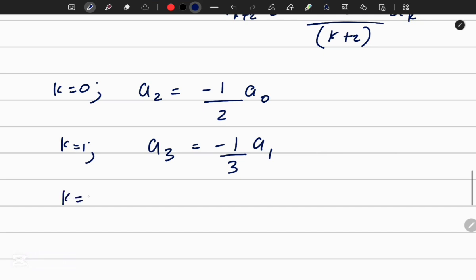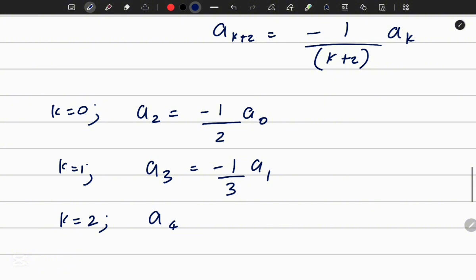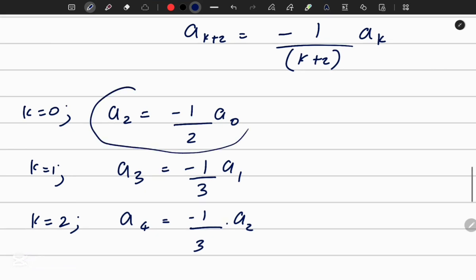When k equals 2, a4 equals minus 1 over 4 times a2, and since a2 is this, a4 equals a naught over 8.